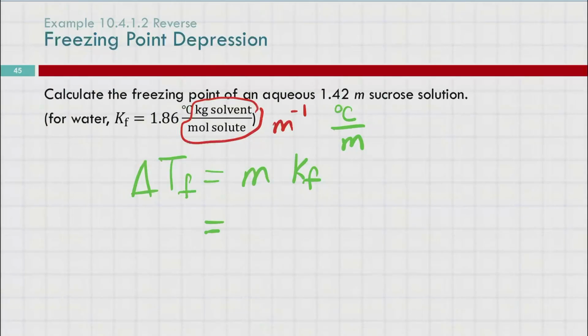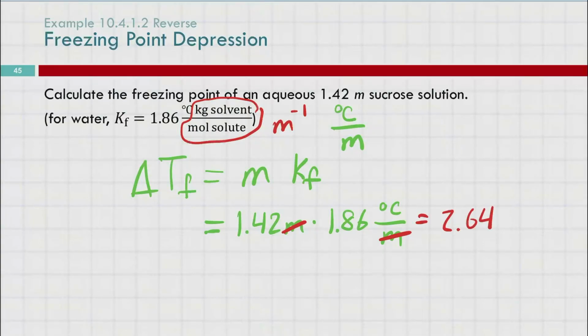So we can find our change in freezing temperature by doing 1.42 lowercase m times 1.86 degrees Celsius over lowercase m. The molalities cancel out, and we're left with degrees Celsius. 1.42 times 1.86 gives us 2.64 degrees Celsius.